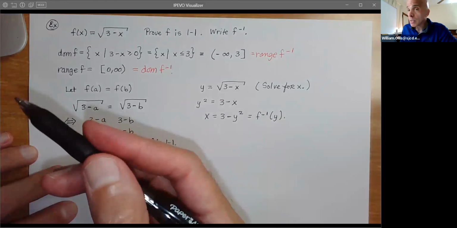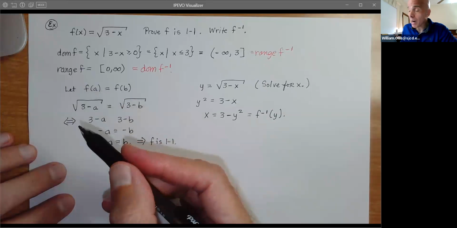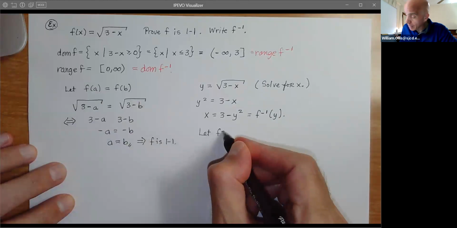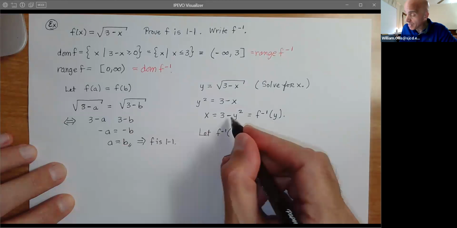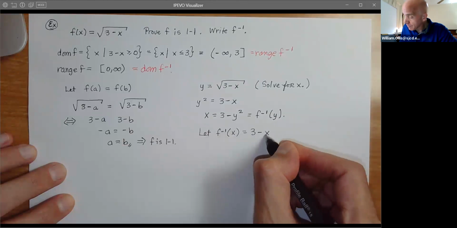So in order to get that nice symmetry in the line y equal x, we now let f inverse of x, just for convenience, we replace the y's with x's. So we get this.